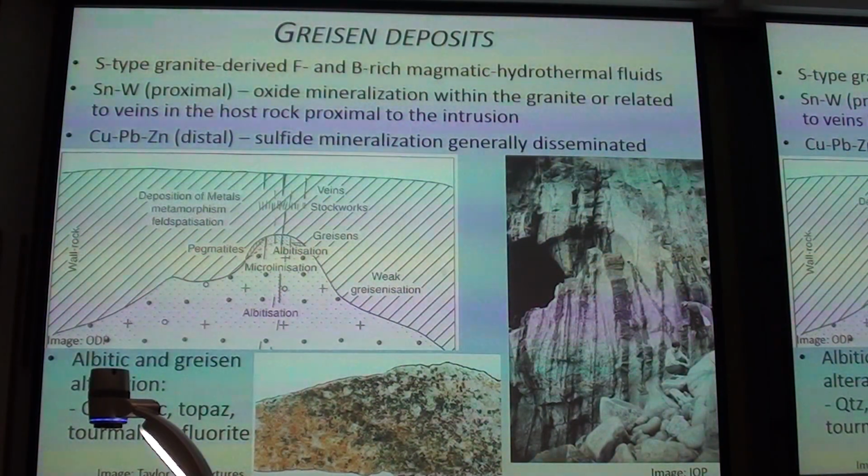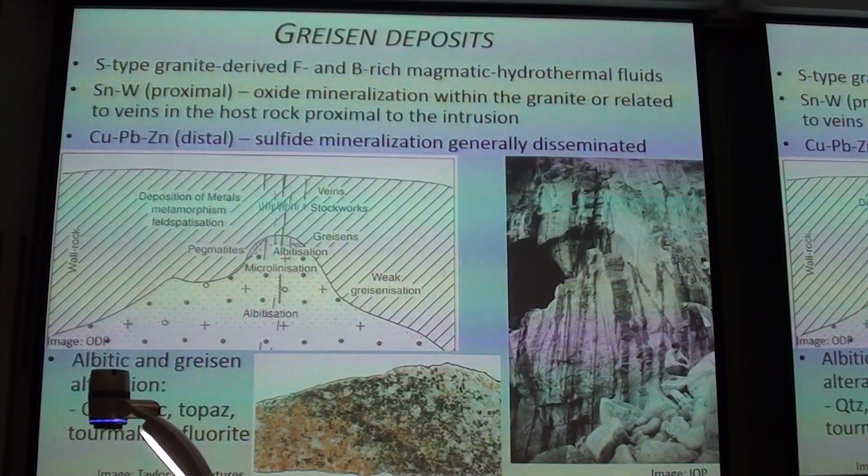And they are generally fluorine and boron rich. So these are often sources of tin and tungsten mineralization, which occurs as oxide minerals. Tin, we're seeing cassiterite in the lab last week.